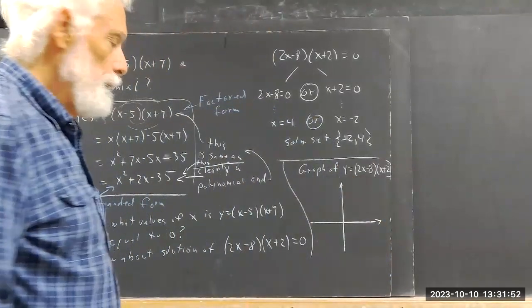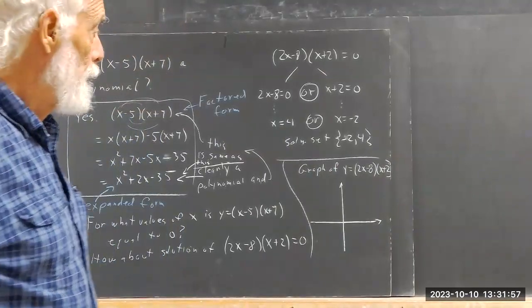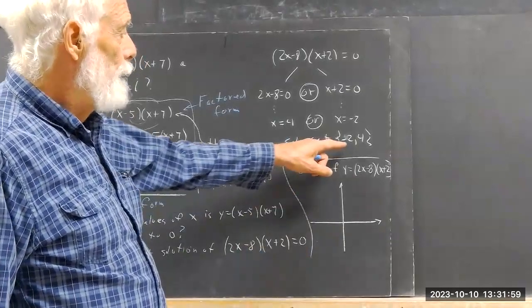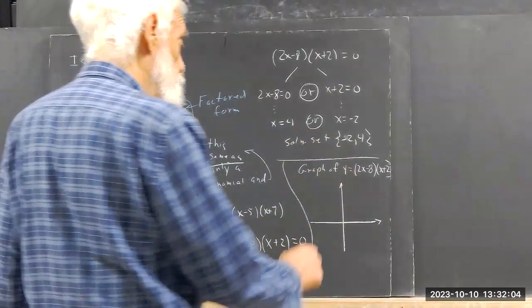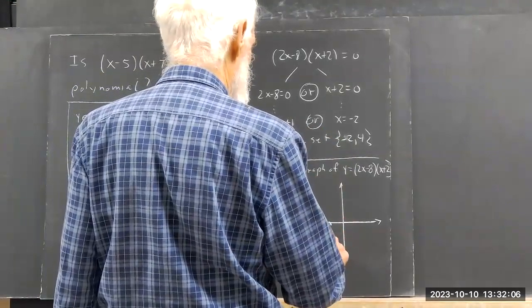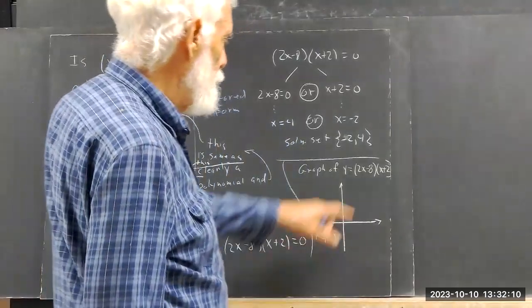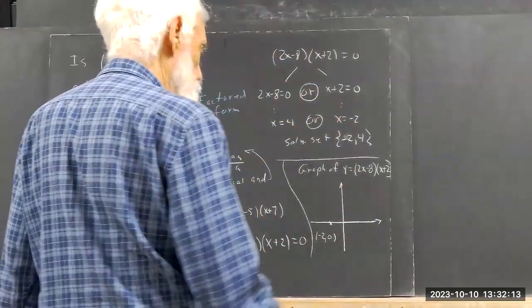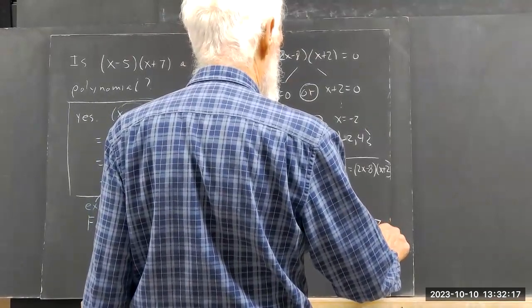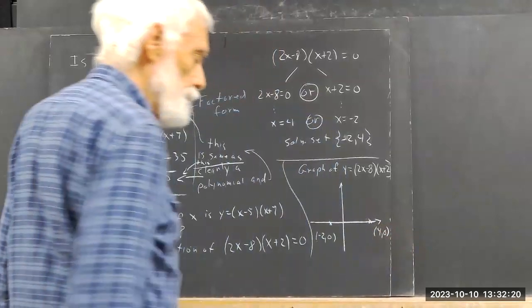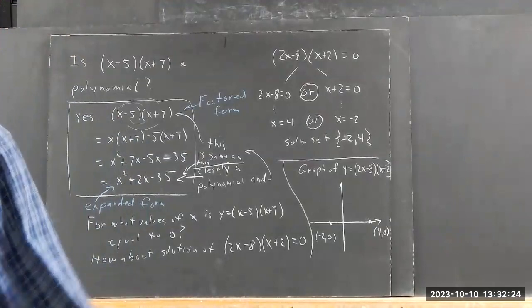There are 2 points I can immediately put on the graph. If x is -2, that makes y 0. So we put the point -2, 0 on the graph. And if x equals 4, y equals 0. That means that the point 4, 0 lies on the graph. What else can we do?